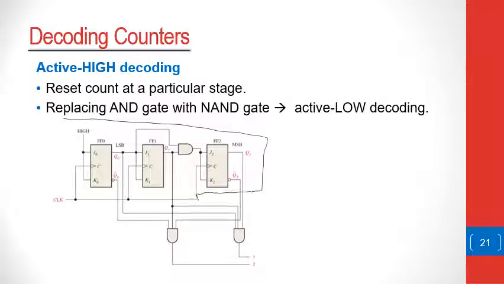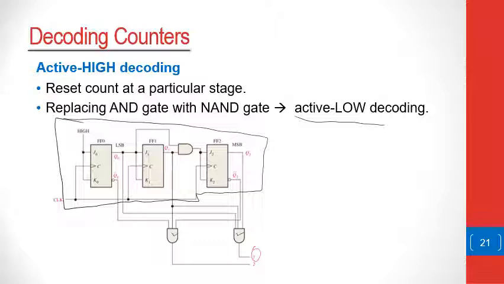This is an example of a 3-bit counter. This 3-bit counter has 2 decoding circuits, and in this case we call them active high decoding, because we have AND gates. If NAND gates were used instead, we would have what's called active low decoding. As you can see here, for instance, this output detects a certain combination or a certain count in a counter.